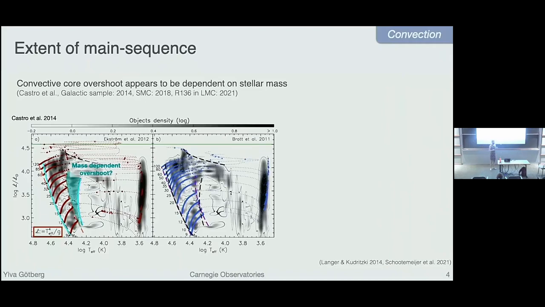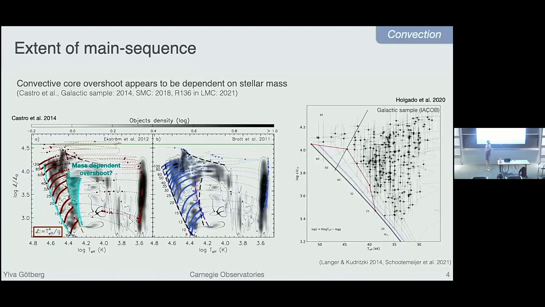So when talking about the HR diagram and the extent in the HR diagram, I want to mention one thing that is possibly related, but it is really interesting and ongoing in the massive star community. And so this is work by Gonzalo Holgado from last year. So here we have also a galactic sample of massive stars located here in the similar, or actually exactly the same diagram, compared to Geneva models.